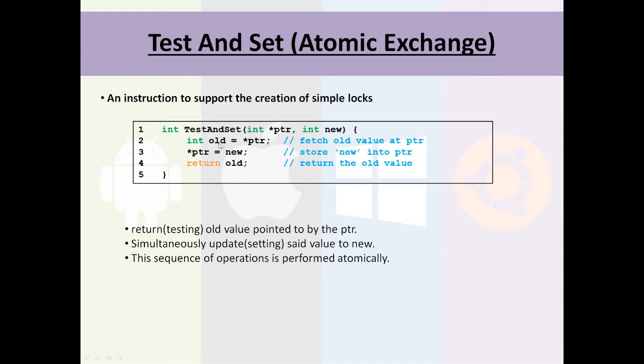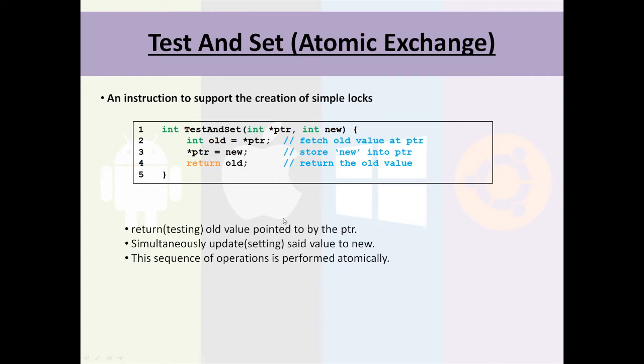It eventually returns that old value, but before that, it sets the pointer value equal to new. So it's updating our pointer value, but returning the previous pointer value.